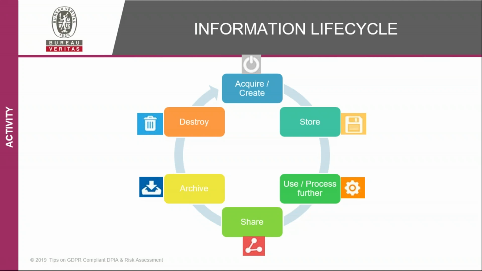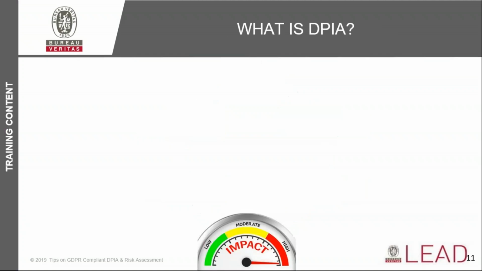So we acquire data, we create the data, and then we store it somewhere. We use it, we process it, then we share it, because it is a good thing to share and let other people do good things with the data. And then at one point you archive that data and the information together, because it is not completely relevant. And then at one point you can destroy it. And in the middle there are lots of other steps which we won't cover here because they're not relevant anyway. But this is the information life cycle at this point.